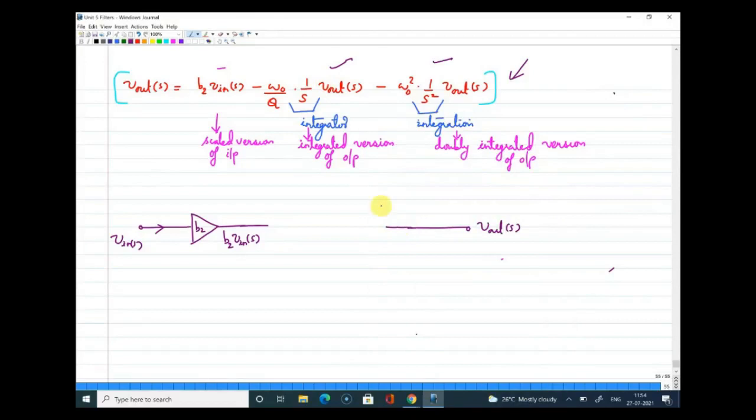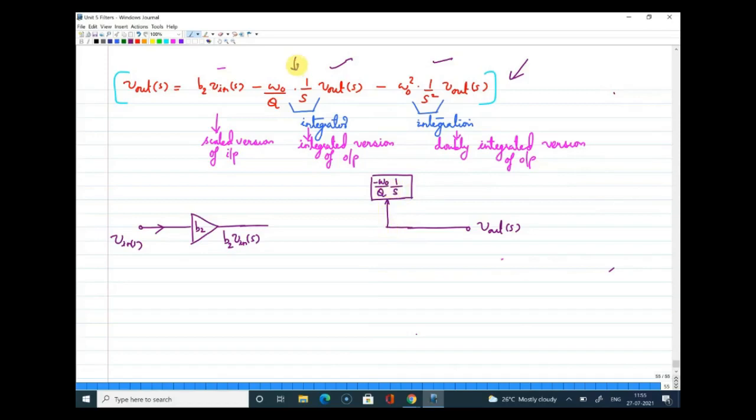From this output point, I'll pass the signal through an integrator. The integrator is 1 by S. That also should be scaled by minus omega naught by Q. So the output is integrated and scaled by a factor of minus omega naught by Q to get this, right?